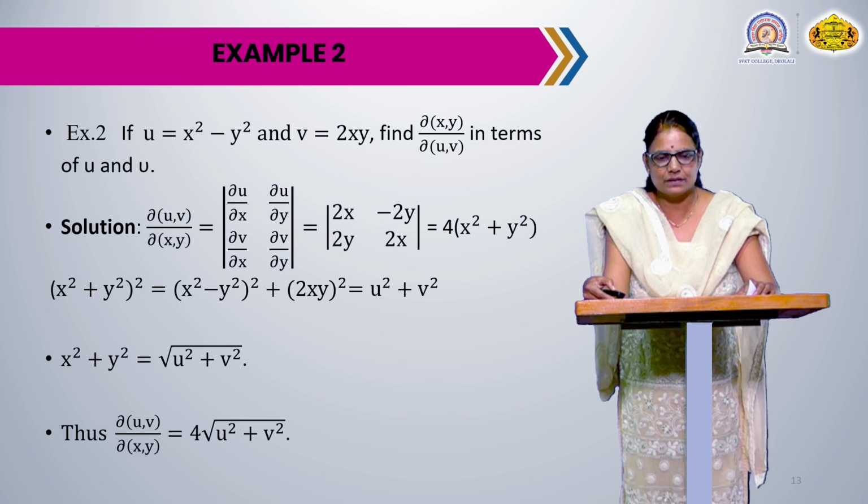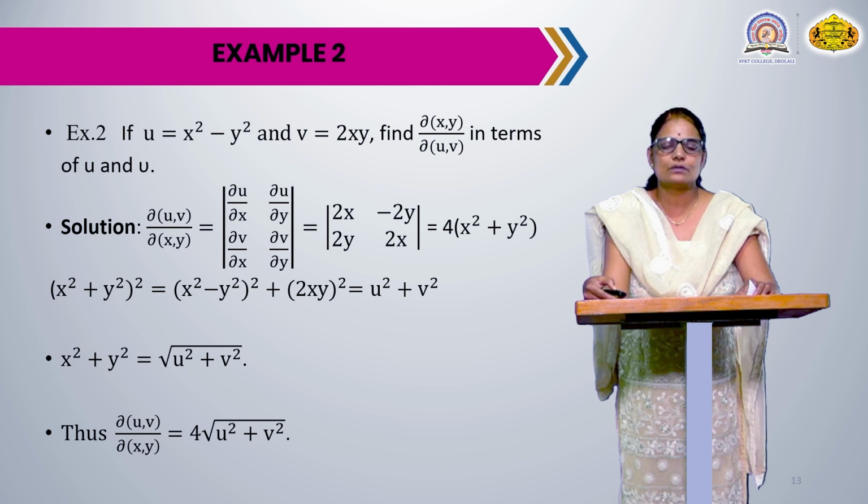Now put this value in the above equation, so ∂(u,v)/∂(x,y) equals 4 times x square plus y square. Replace x square plus y square by the root of u square plus v square, and we get our required answer.